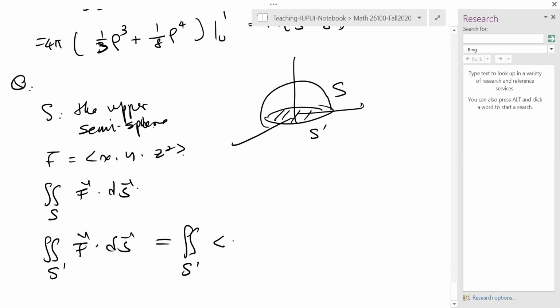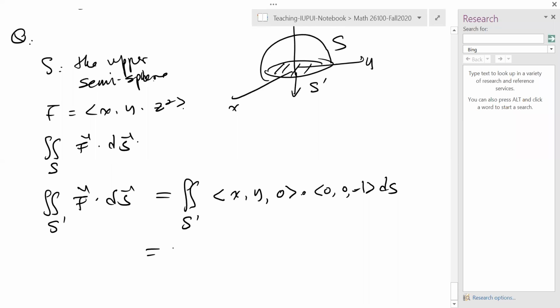F becomes special: x, y is 0, because the third component must be 0, it's in the XY plane. The normal vector points downward, it's going to be (0, 0, -1) dS, and you find out this is going to be 0 dS. So it's 0, nothing there.